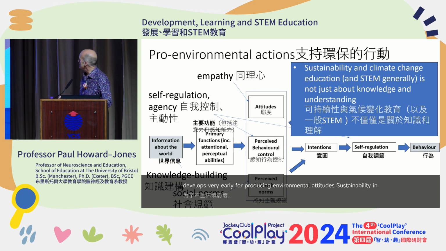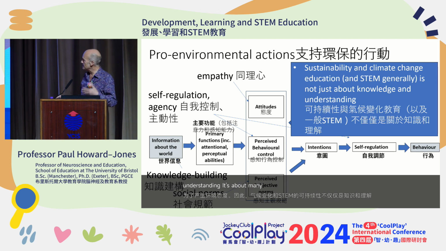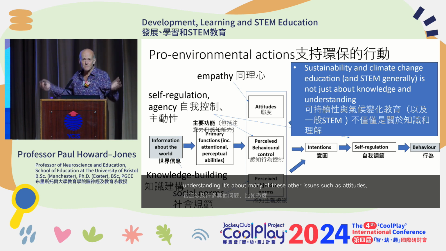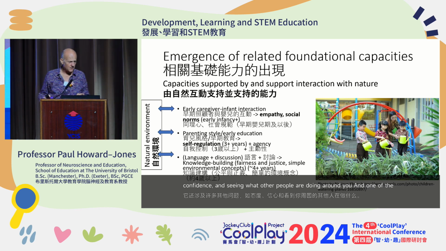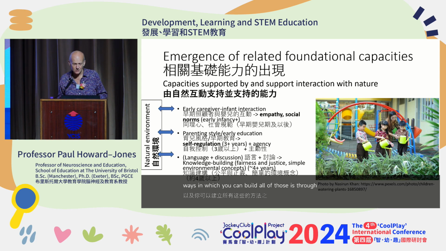Sustainability and climate change, and STEM generally, therefore, is not just about knowledge and understanding. It's about many of these other issues, such as attitudes, confidence, and seeing what other people are doing around you. And one of the ways in which you can build all of those is through engagement with the natural environment.